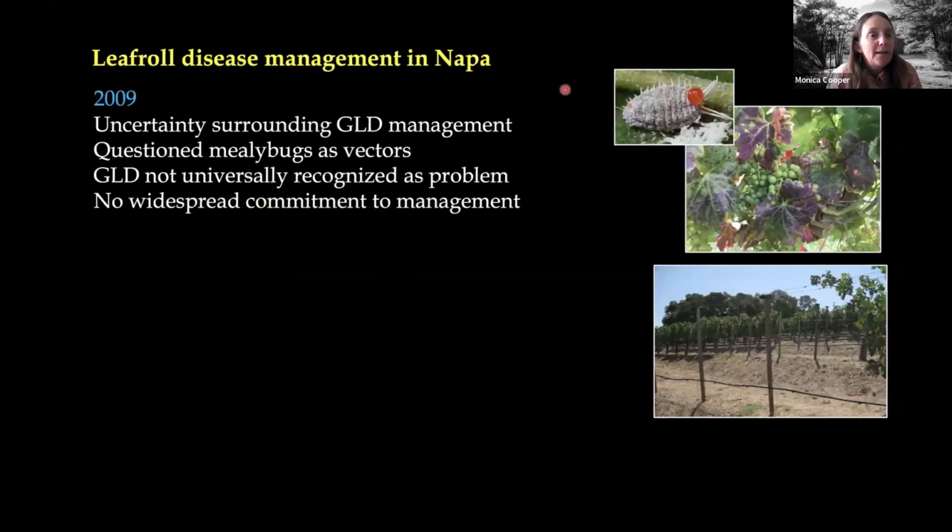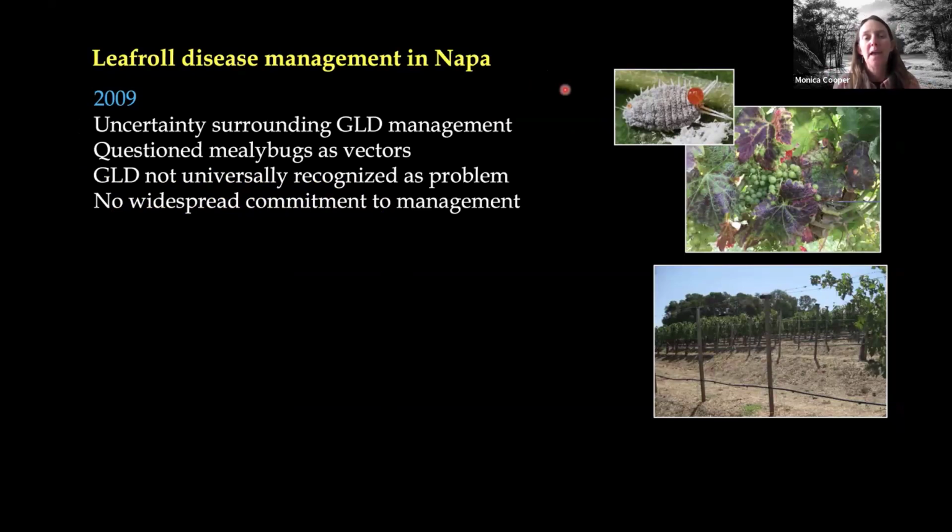Okay, so in summary, I'd say that when we started in 2009 working on leaf roll disease, there was a lot of uncertainty around leaf roll disease management. So not only did people question whether mealybugs were vectors, but they also just didn't really know which were the best steps that they could take to move forward.